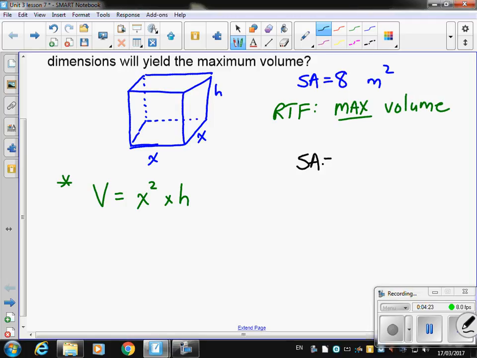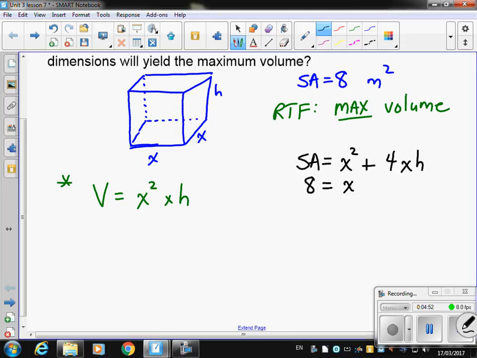So if I know that the surface area of this thing, let me just check, does it have a lid? It does not indicate so, so I don't think so. So we have a bottom and we have 4 sides. Now I'm making the assumption no lid, but it is for firewood, so I think it's a decent assumption. I know that I need that surface area to be 8. This will allow me to express one variable in terms of the other.